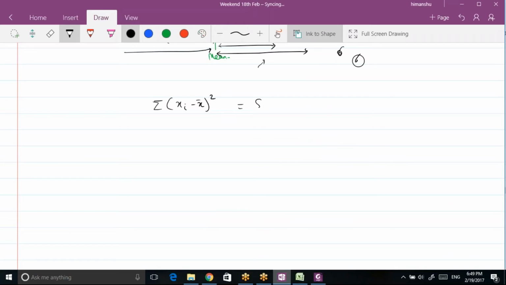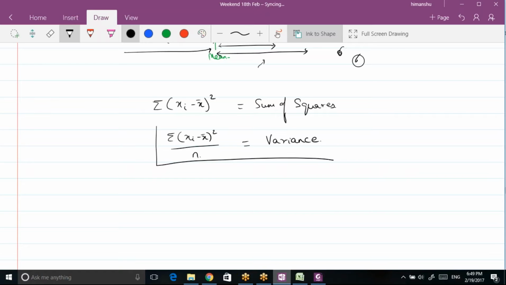This is called the sum of squares, and then we have divided it by 10, or the number of values, let's say n. This is the formula for variance. Heard about this variance term? So variance is another measure of variability.